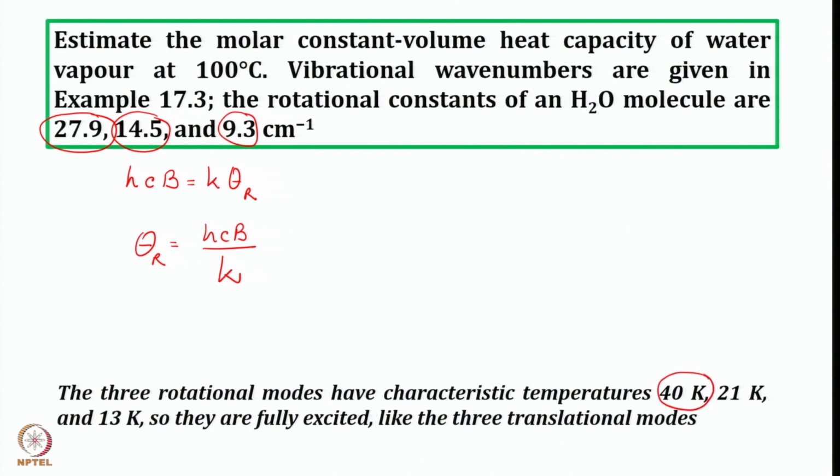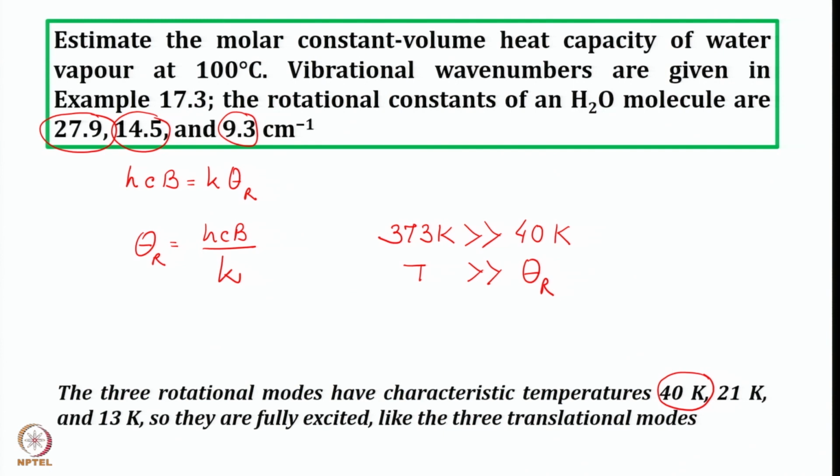So, that means if I put 40 K, and the experimental temperature is 373 K, of course, this is much higher, that means T is much higher than theta R. This is corresponding to the highest rotational constant. That means rotations are fully active.